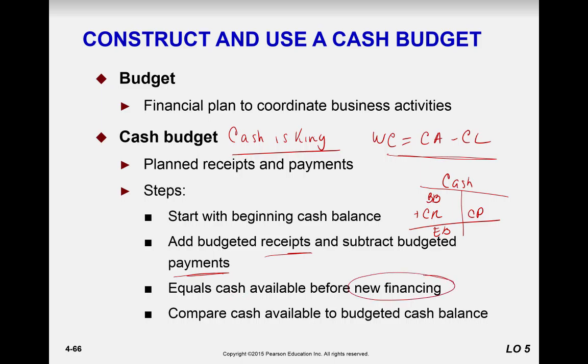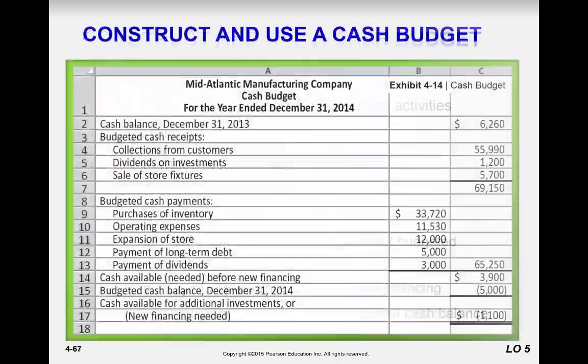And normally you'll have a stipulated amount that says, hey, you need to have $70 million in your account because we are giving you a loan for $700 million, and we want to make sure you have 10% available. Banks will give you that. We call that a debt covenant or a cash restriction. Once you know what you have available, you can compare that to your budgeted cash balance and see if you need any financing choices.